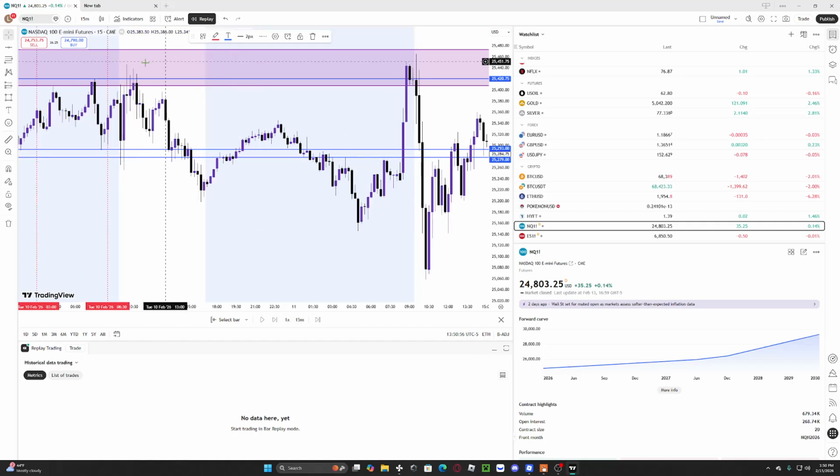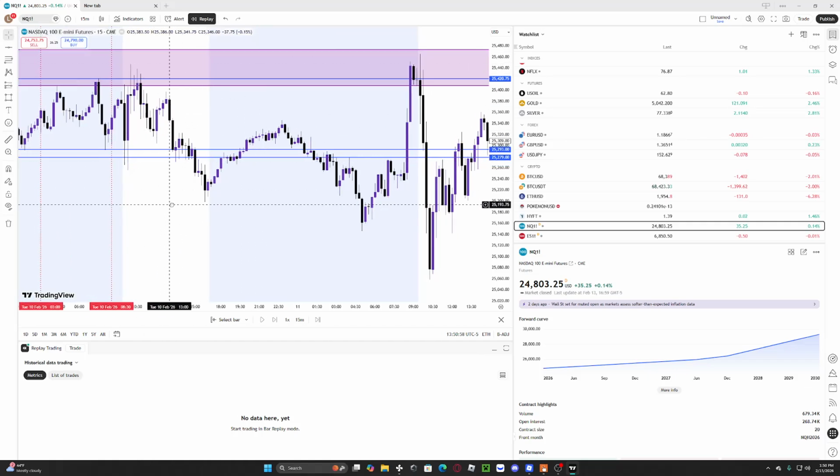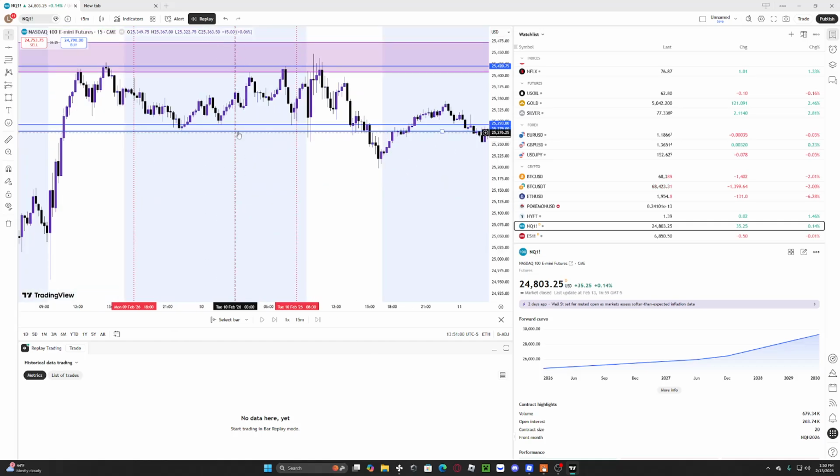And then I'll look for some type of breakthrough or break of structure. So we have a clear liquidity sweep, not a break of structure, a liquidity sweep, right at market open, which we can see right here.